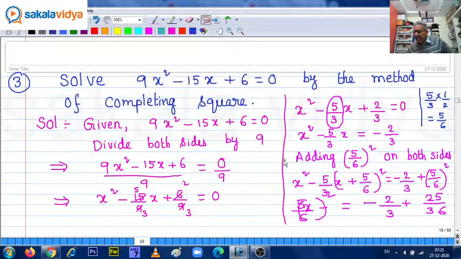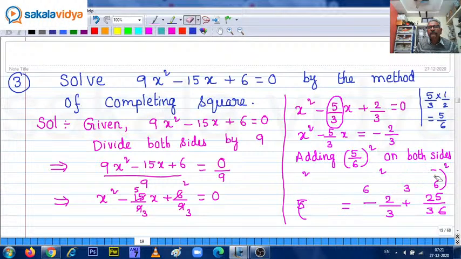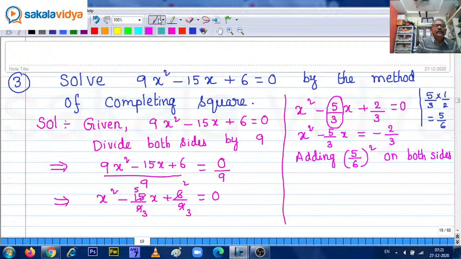One minute. Okay, let me write once again. It's not clear. X square minus 5 upon 3x plus 5 by 6 whole square equal to negative 2 by 3 plus 5 by 6 whole square.